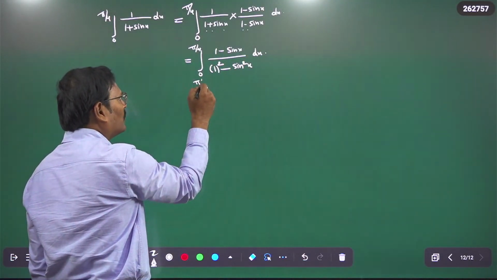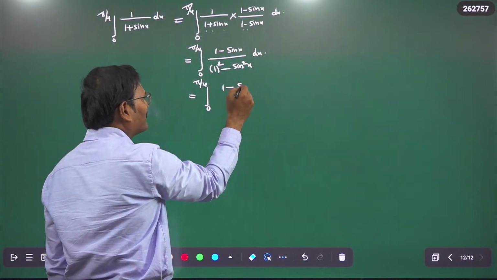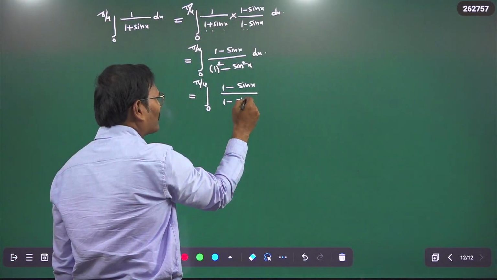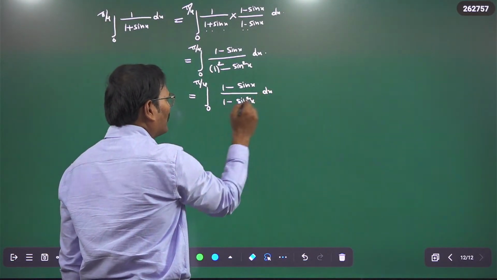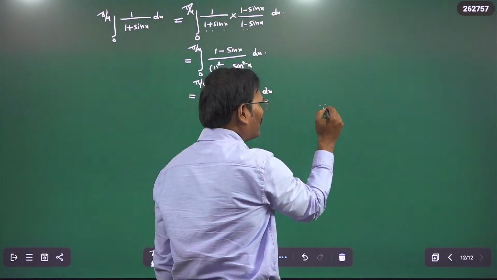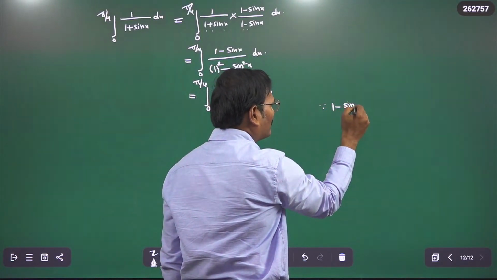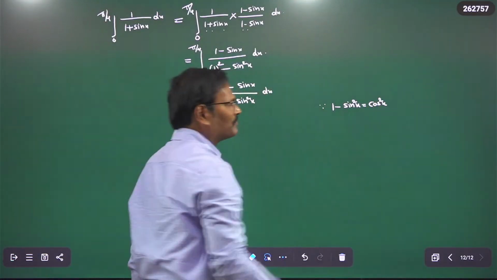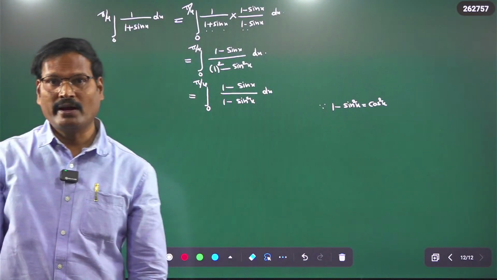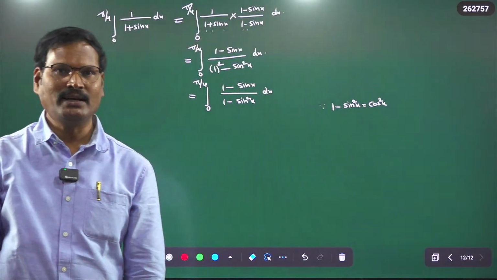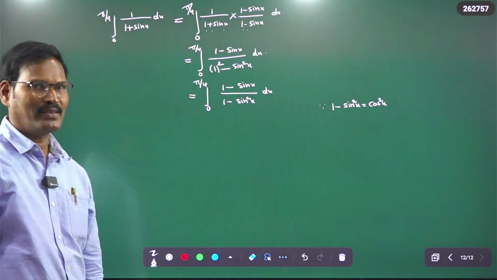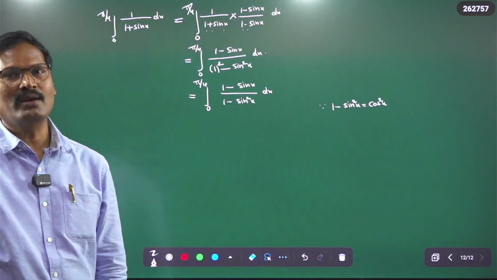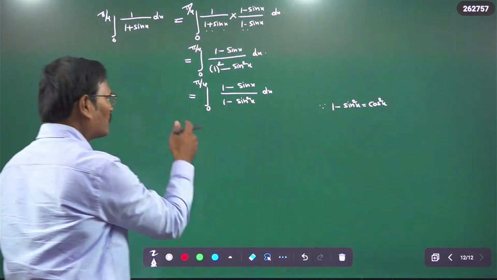Integral 0 to pi by 4, 1 minus sin x by 1 minus sin square x dx. 1 minus sin square x is equal to what? 1 minus sin square x is equal to cos square x. So we have trigonometric identities now. What is the first identity? Cos square x plus sin square x is equal to 1. From that I have written 1 minus sin square x is equal to cos square x. I am using this formula now.